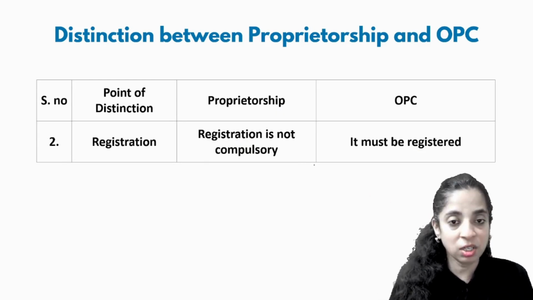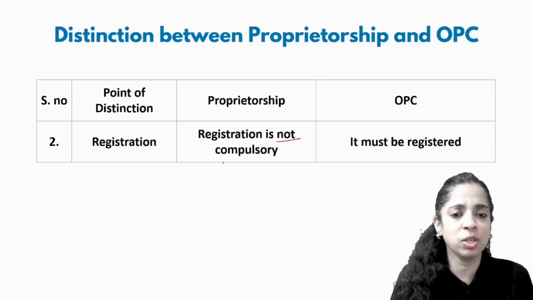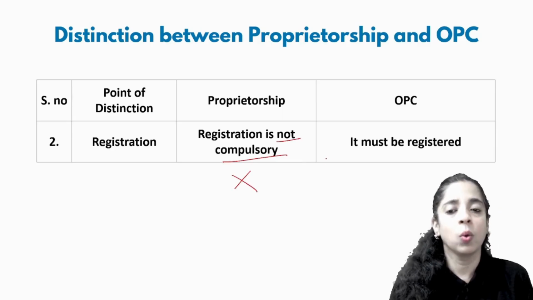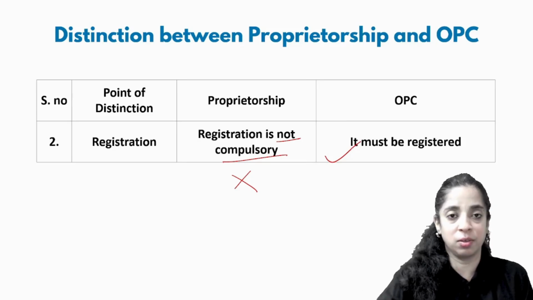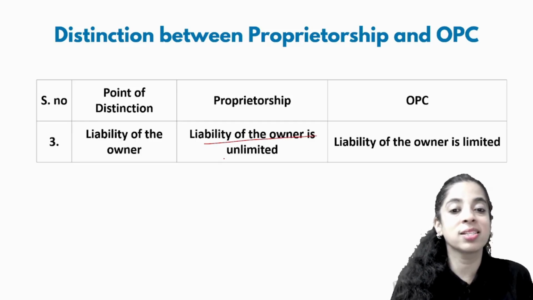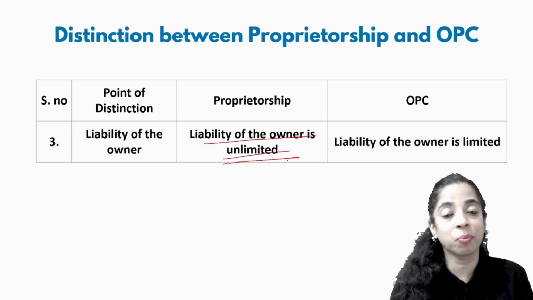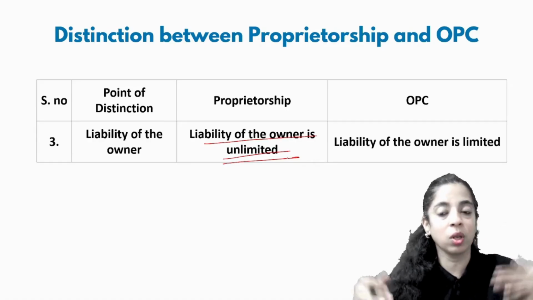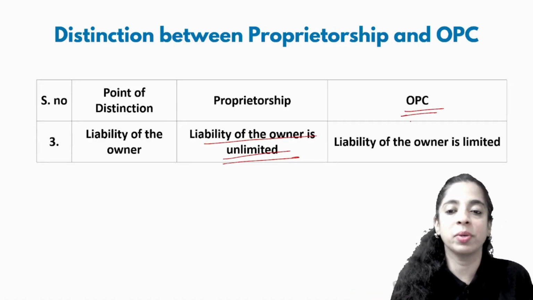Then registration: in proprietorship registration is not compulsory, whereas here it must be registered. Liability of the owner is unlimited because he is the proprietor, so all the liabilities fall on him. Whereas in OPC it is limited. Always remember the rupees 500 example.